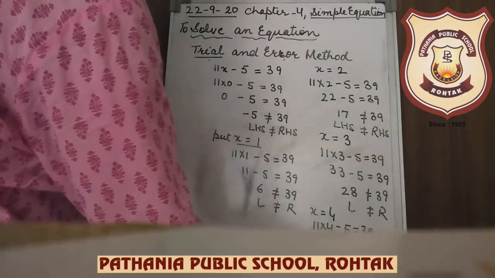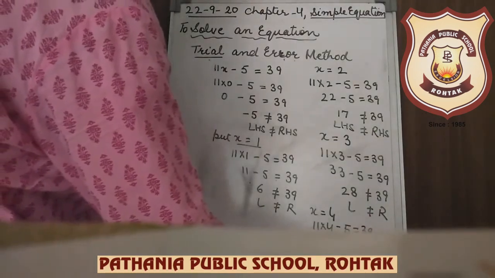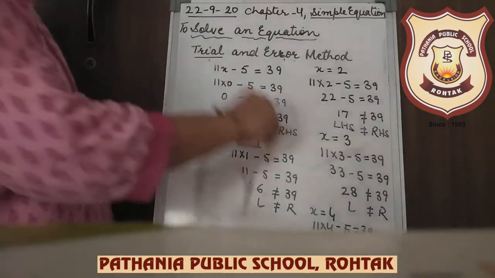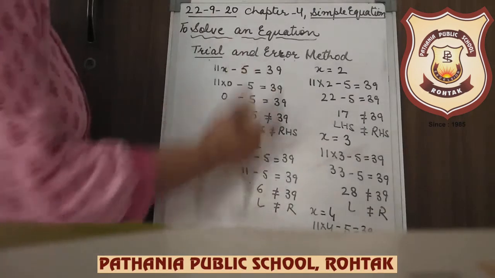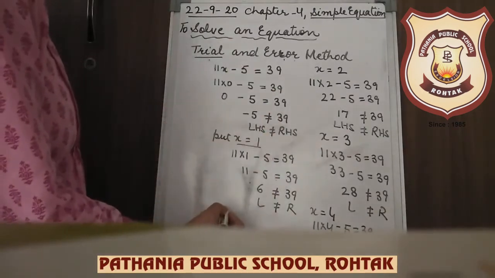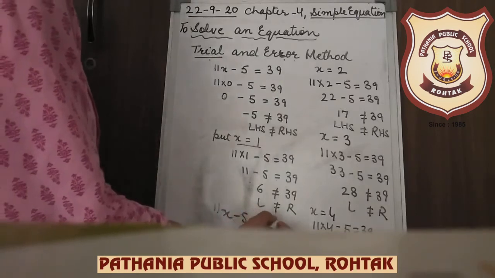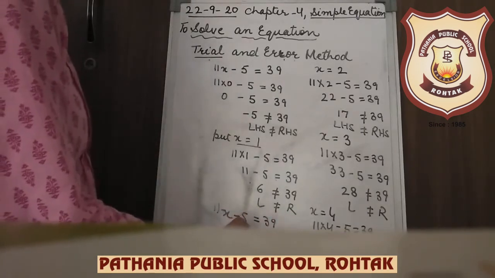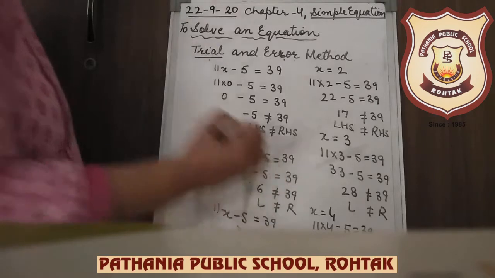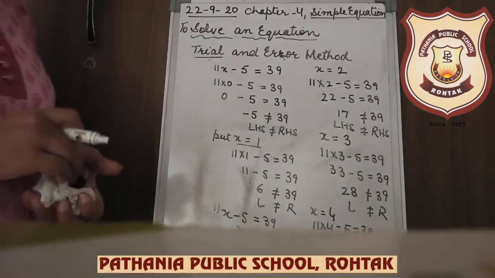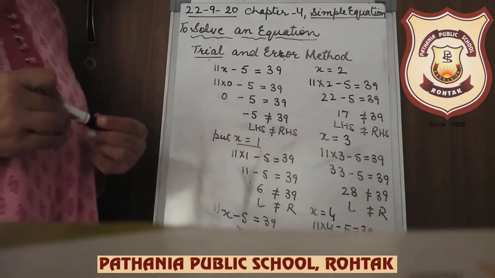So here your LHS is equal to RHS. So the value for this equation 11x minus 5 is equal to 39 is x is equal to 4. Understand? So this is called the trial and error method.